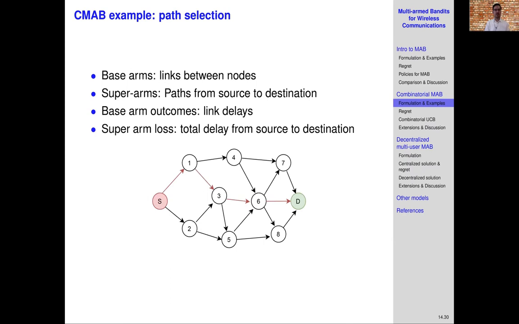In this case, base arms are links between nodes. Superarms are paths from source to destination. Each superarm consists of a certain number of links. Base arm outcomes are link delays, and superarm loss is the total delay from source to destination. So given that the link delays are random, how can the learner choose a path in each round in order to minimize its sum of delays?